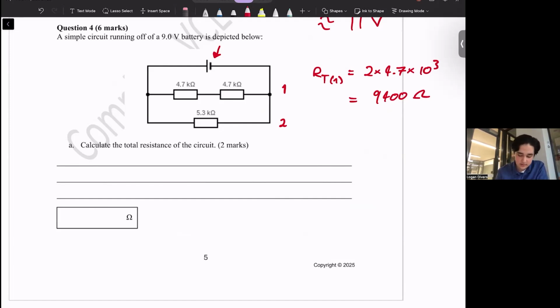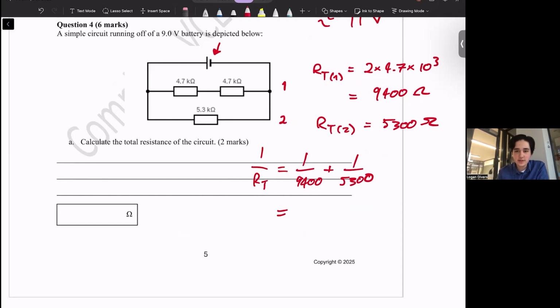Next, we already know that RT2 is going to just be 5,300 ohms. So now what we have to do is just do the parallel circuit resistance formula. So we'll have to go 1 over RT equals 1 over 9,400 plus 1 over 5,300.